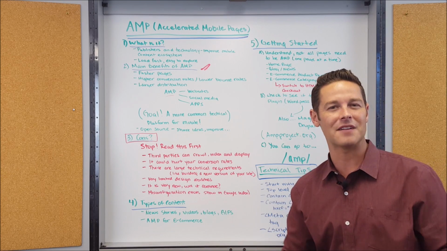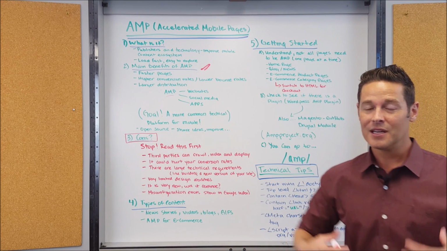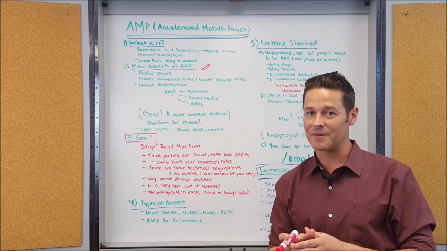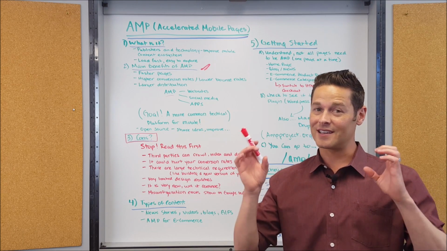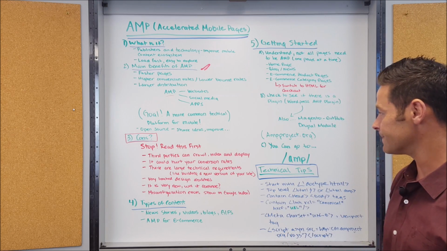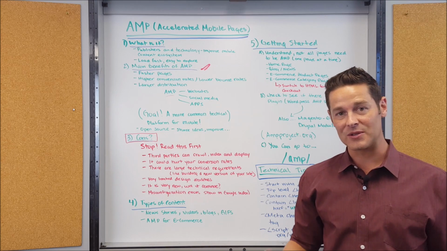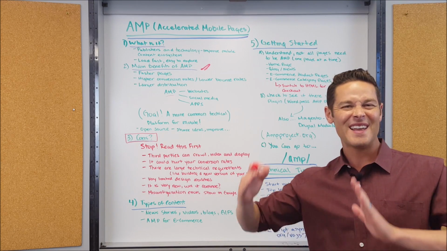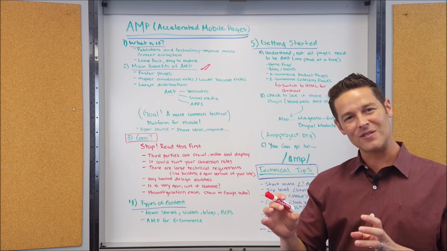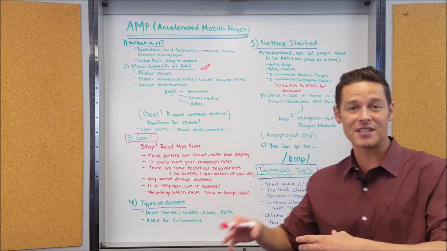So while you might get a lot of impressions, you're not getting a lot of people coming through to your website, which to me is frustrating because I want everybody to land on my site so that I can capture an email address. I can have a micro or a macro conversion, of course, right? Which leads us to the idea that it could hurt your conversion rates. AMP pages are very dumbed down. They're very basic. It's hard to put the extra design features in there that can result in high conversions.